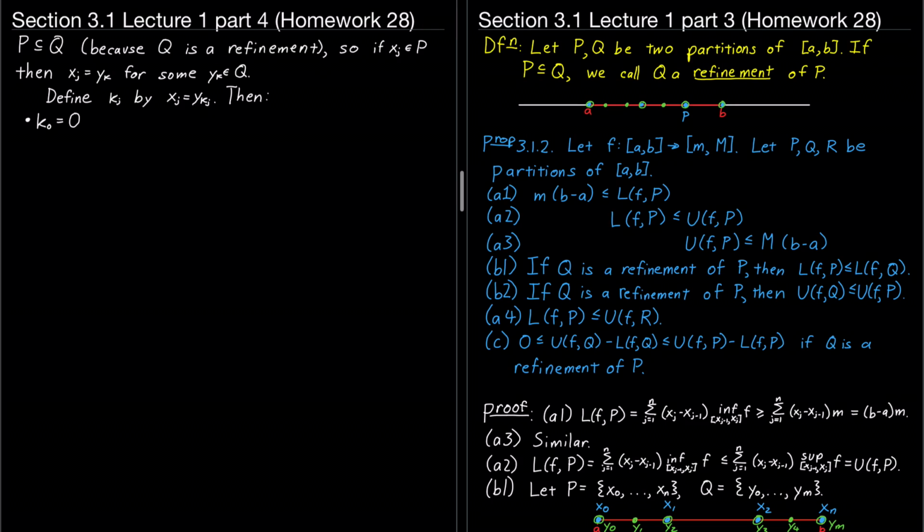And very similarly, xn is the right endpoint, ym is the right endpoint, so k sub n is m. And the last thing I want to point out is that this sequence of kj's is increasing.